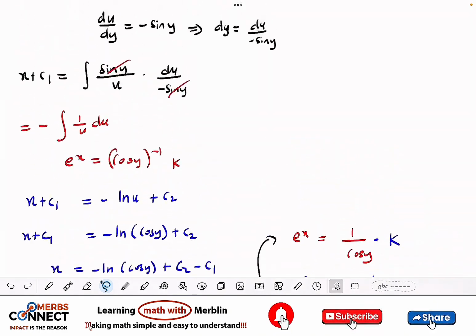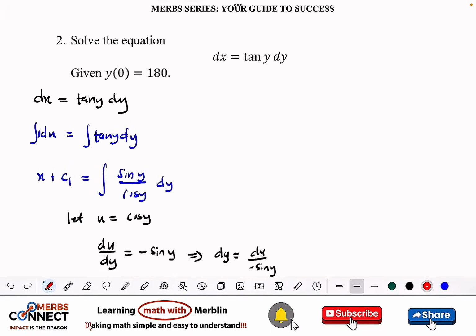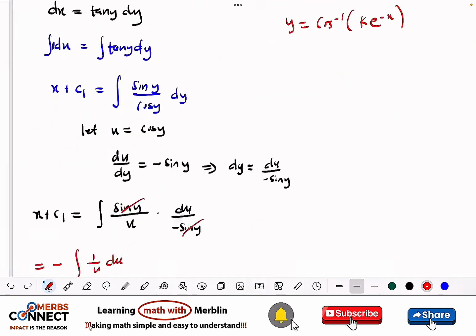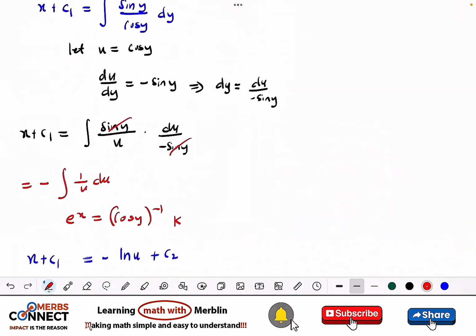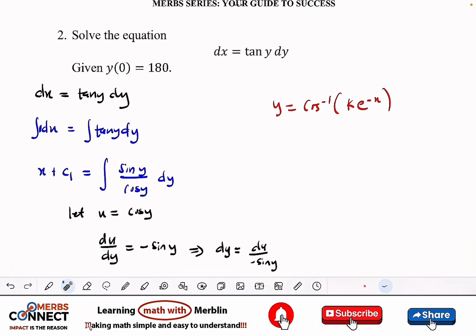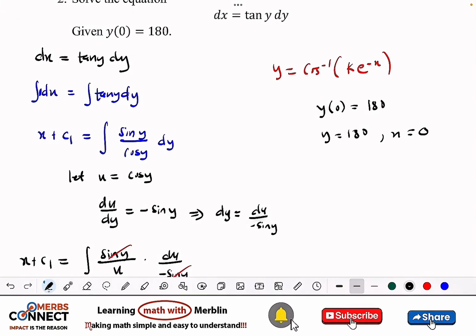So now we know that y is equal to cos inverse of k e to the power minus x, right? That is the general solution. So now let's use the initial condition. y of 0 is equal to 180. So y is equal to 180, and x is equal to 0. So let's do that.